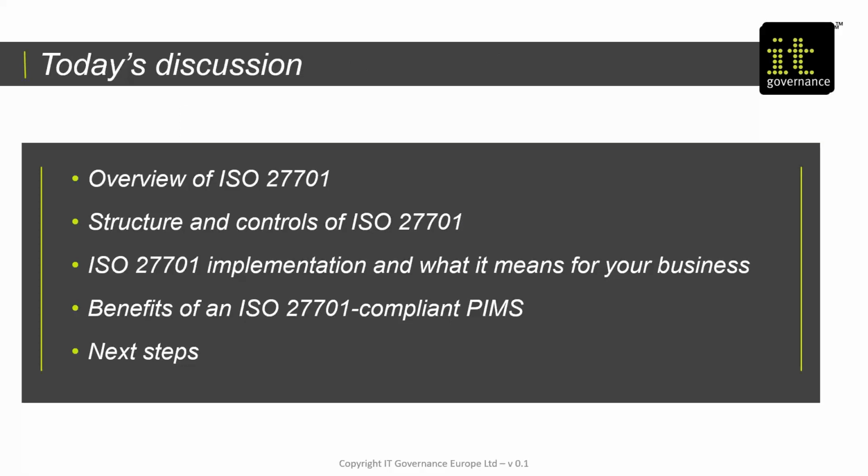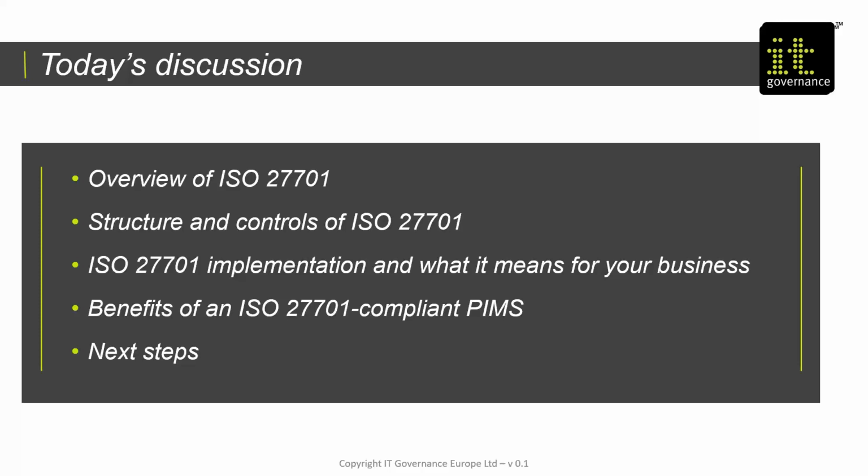So on to today's discussion. Firstly, today we are going to have a look at the new PIMS standard, ISO 27701. PIMS stands for Privacy Information Management System. Secondly, we will consider the structure of the standard, as well as the controls and guidance that it provides. Moving on then, I will address what an ISO 27701 implementation will mean for your business.